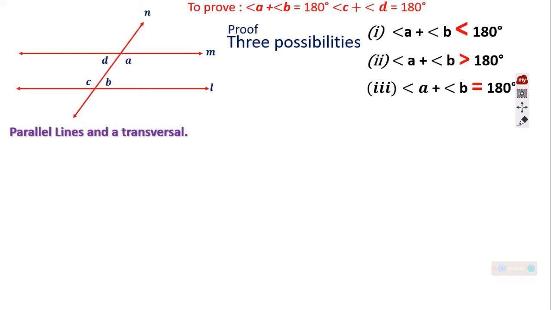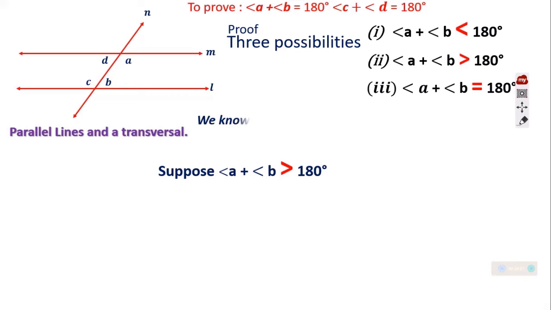We cannot directly prove it because there is no measurement given to substitute and formulate. So we need to do it in a different way. One way is a supposition that suppose angle A plus angle B is more than 180.